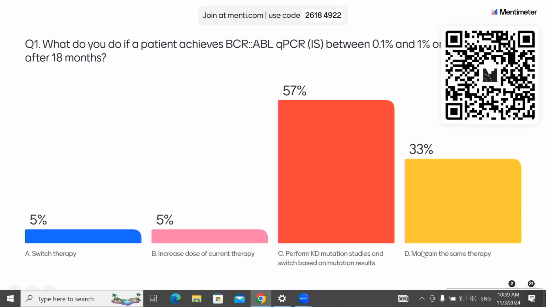So I guess this is, if you follow the ELN guidelines and you listen to what David shared, this will constitute a warning under the latest ELN guidelines for 18 months and 12 months. And it will depend on what your aim is. If your aim is survival, then they'll say it's optimal. Whether you believe 1% is optimal for survival.